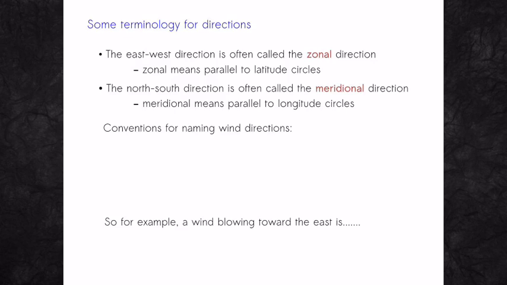Nowadays, that's agreed to be the longitude circle that runs through Greenwich, England, where there's an observatory where they first put this idea out, or standardized it anyway for nautical purposes. Regardless, this term meridional, strictly speaking, means the direction parallel to longitude circles, that is from pole to pole. But if you're standing at any given point on the Earth's surface, the direction parallel to the longitude circle is just your north-south direction. So we can take meridional to be synonymous with north-south.